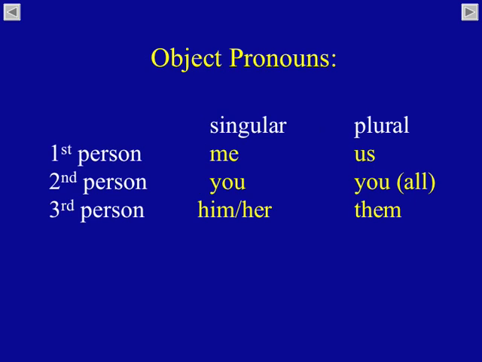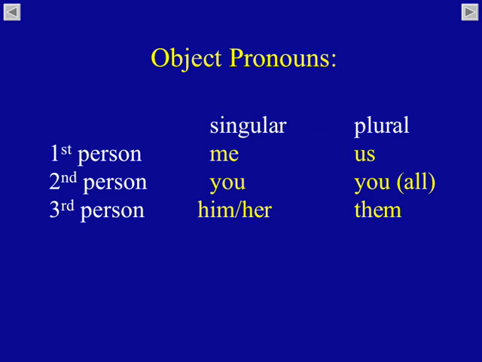And then there are the pronouns we use to show the object of a verb. They kicked me. The people saw us. Me and us are object pronouns. In English, the object pronouns for the second person are the same as the subject pronouns.